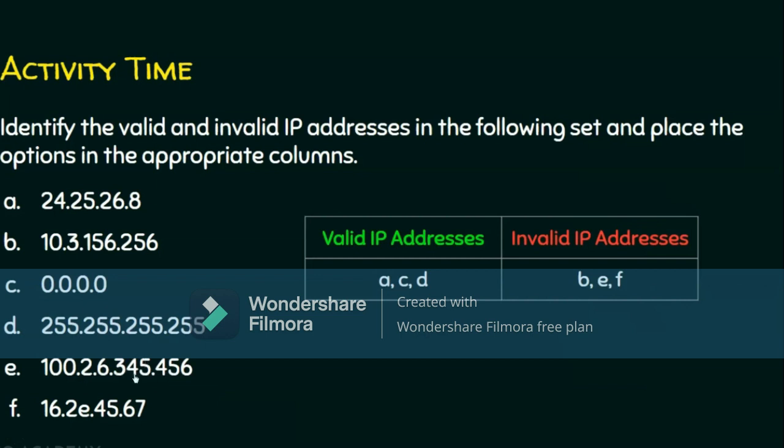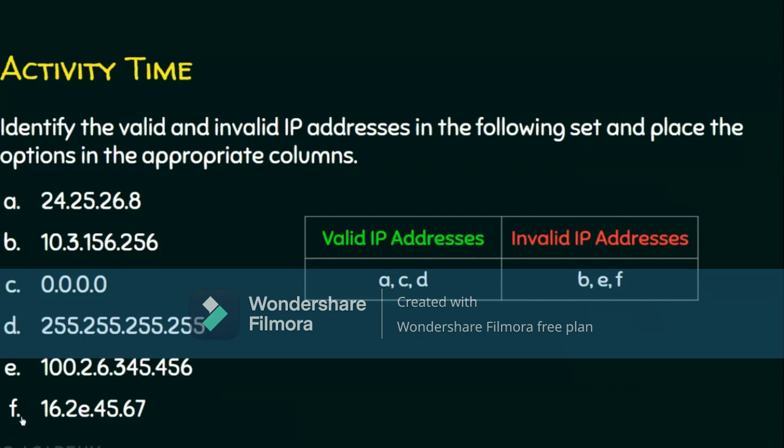At the same time, if you observe this octet, it is greater than 255. So E is invalid for 2 reasons. Number 1, it has 5 octets. And number 2, the range in the octet is not appropriate. It should be between 0 and 255, but we can see there are 345 and 456, and these values are not between 0 and 255.